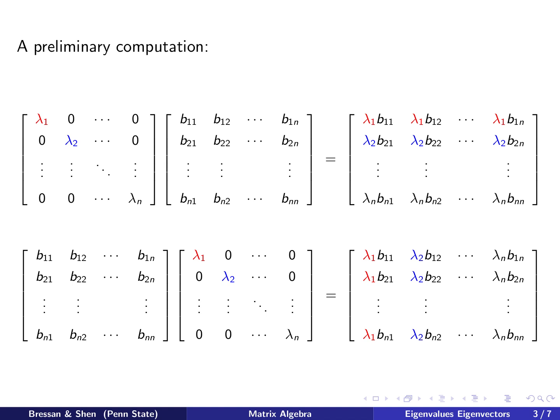So you will see that the first column is the first column of B multiplied by lambda 1. And the second column is the second column in B multiplied by lambda 2. And all the way to the last column, which is the last column in B multiplied by lambda n. Okay, so this we will use in our proof.